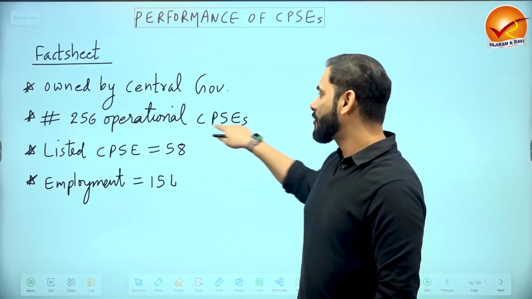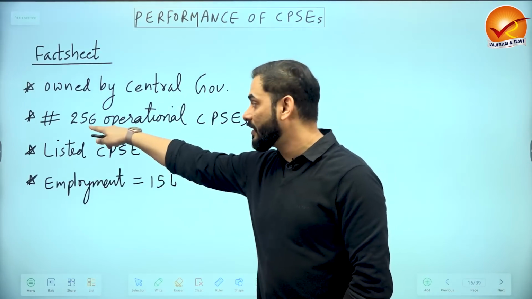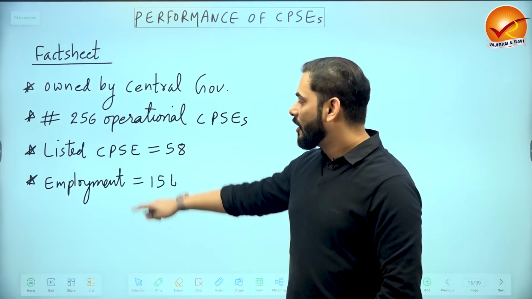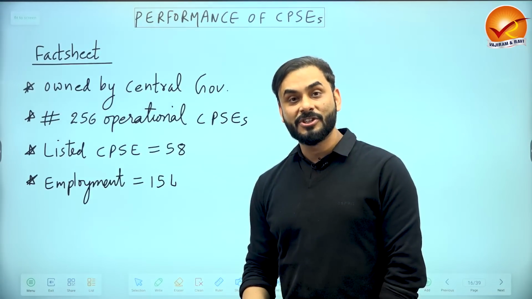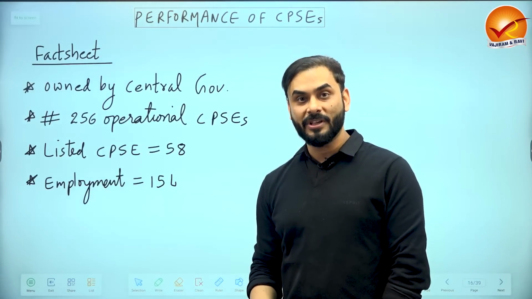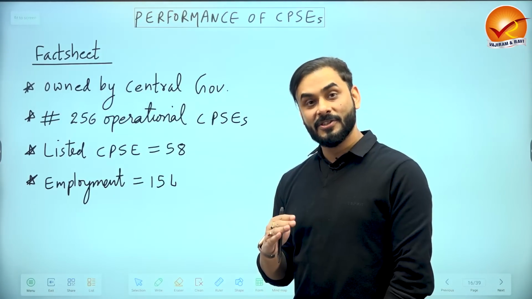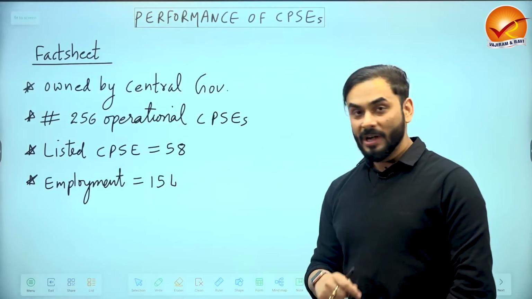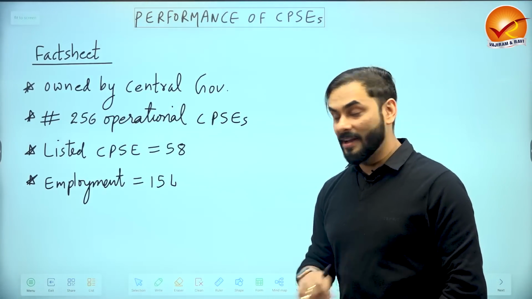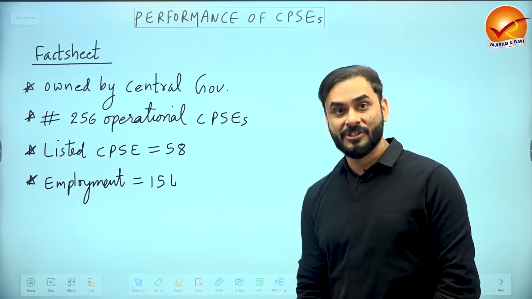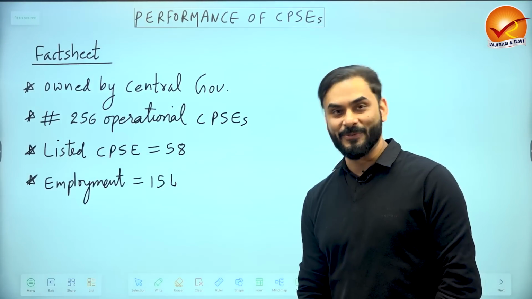How many operational CPSEs are there? 256 operational CPSEs. How many of them are listed in the stock exchange, Bombay Stock Exchange, National Stock Exchange? 58 CPSEs are listed in the stock exchange. What is the total employment they provide? Direct and indirect employment, 15 lakhs. This is the employment that they provide.